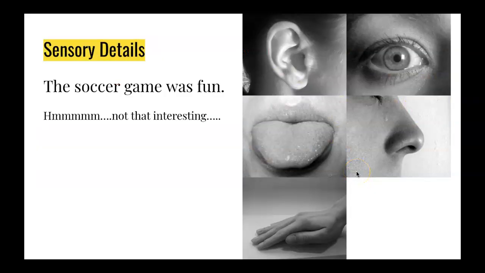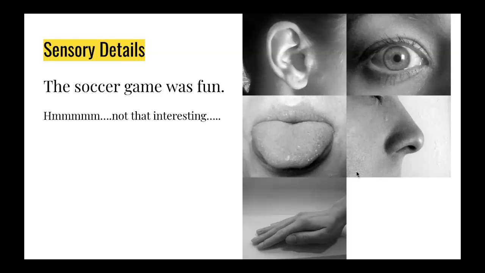Okay, so the first thing that writers do is they will add sensory details. So imagine this sentence. The soccer game was fun. That's not that interesting. So if I wanted to make it a little more interesting, I could add the sounds, sights, tastes, smells, and feels that you feel at the soccer game.